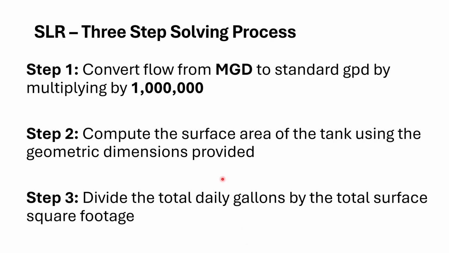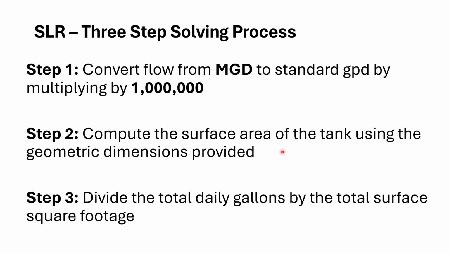Okay. So there's a 3-step solution process to surface loading rate. The first step is to convert that flow. If you're given millions of gallons per day, multiply it by a million to convert it to gallons per day. Okay, step 1. Step 2, compute the surface area of the tank using the dimensions provided.